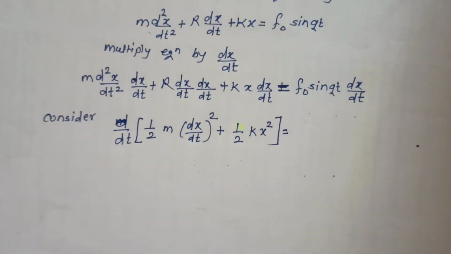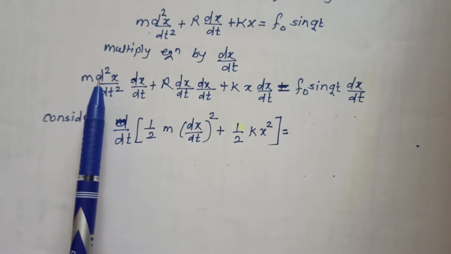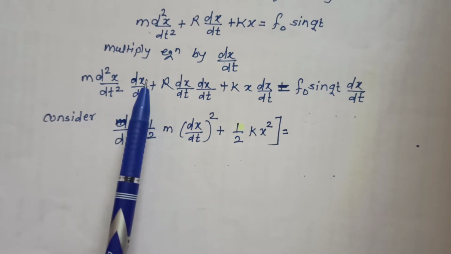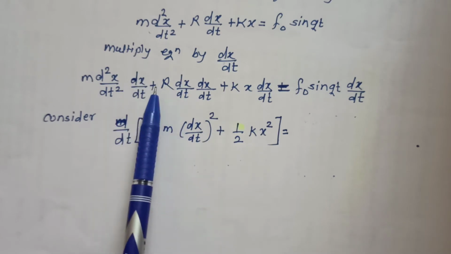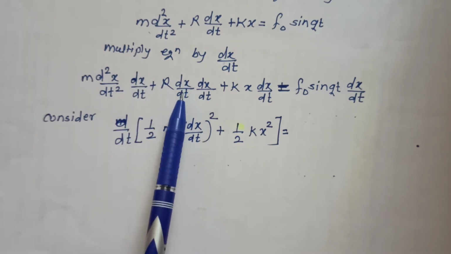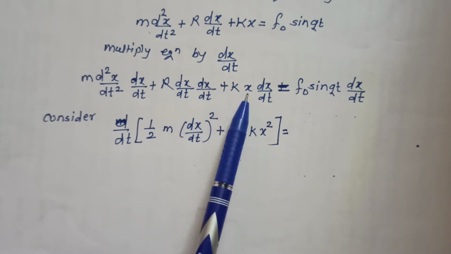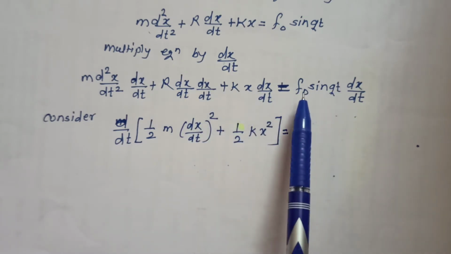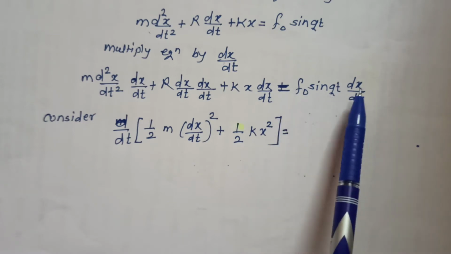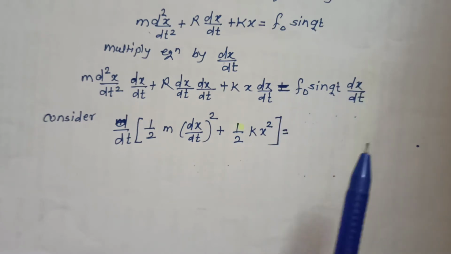By multiplying by dx/dt, we get m d2x/dt² dx/dt + r (dx/dt)(dx/dt) + kx dx/dt = F0 sin qt dx/dt.